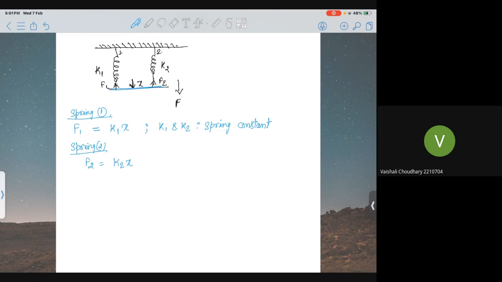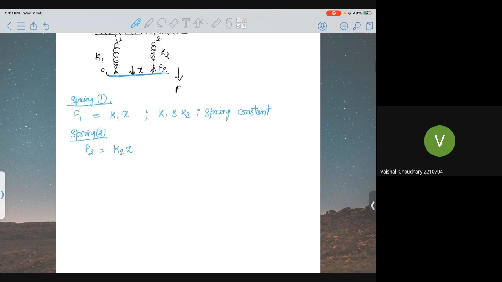So both springs will experience the same deflection. That's why X is the same, but the forces are different. So for spring 2, the opposite force is K2 times X.